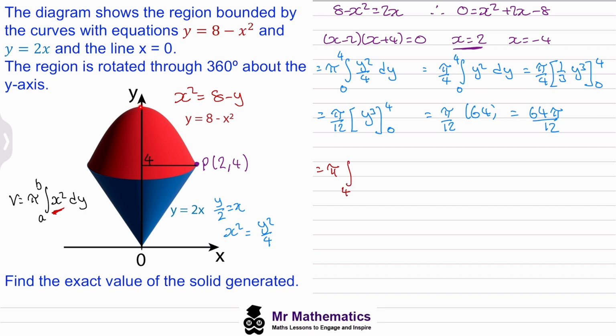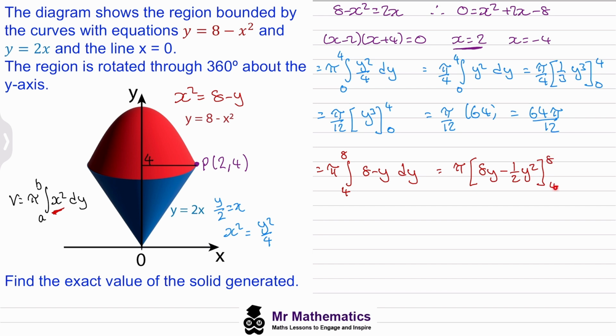We know this upper limit of y will be 8, because when x equals 0, y will be 8. We can evaluate this integral as pi times 8y minus 1/2 y squared with the limits of 4 and 8.